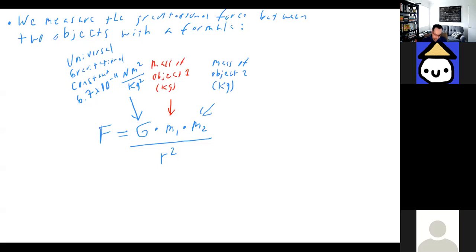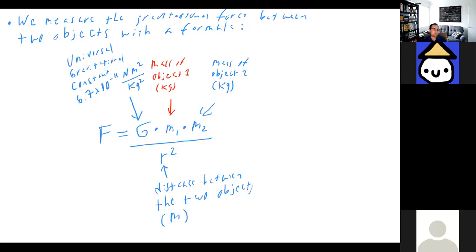And then this guy over here, this whole term is squared. Actually, I'll just define r because we know we're squaring it. So r is the distance between the two objects, and that's in meters, and it's really properly the distance between their two centers of mass.